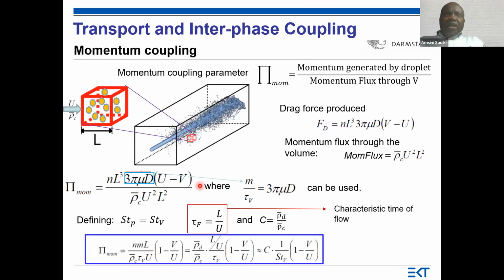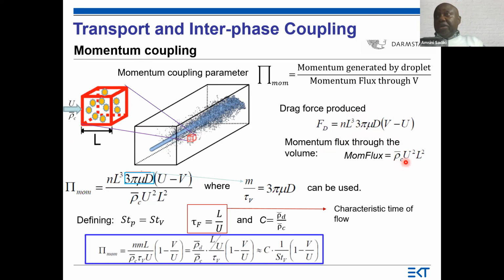Here now the flux is our momentum, and we have to define this. So first we introduce the drag force as we considered before. We have the relative velocity. We have also the drag coefficient. We multiply by the density and also by the volume. And we have the momentum flux through the volume.